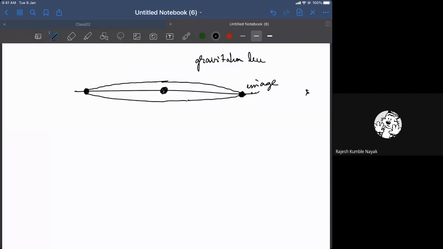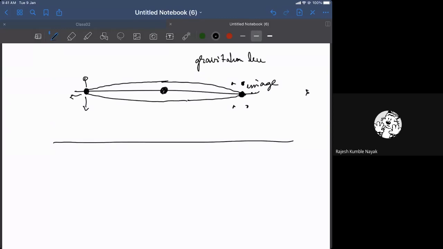where images can be formed depending on whether this object is moved a little bit here, here, or here. You could see images 1, 2, or 3, and they always come in some kind of a pair. So that is what we call gravitational lensing. In astrophysics, this has been observed several times.